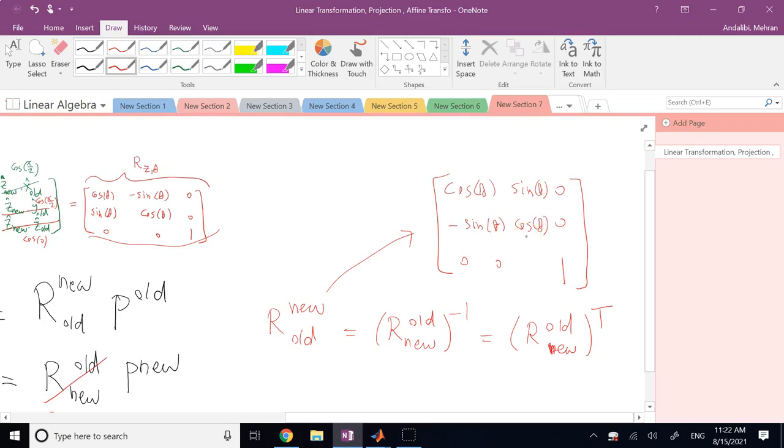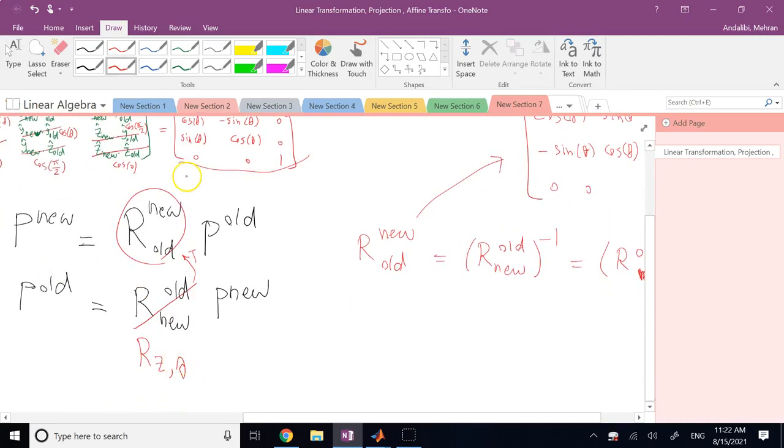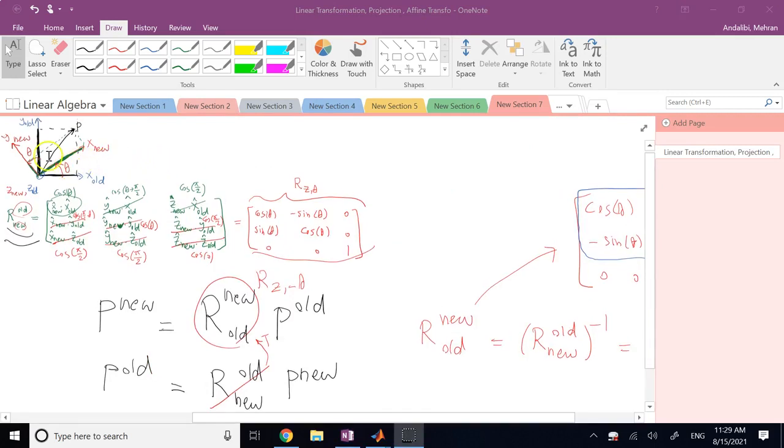Okay? So it's the transpose. If you apply a transpose, you'll get the other one. Or instead of R of z and theta, you can say this is R of z and negative theta. That's also valid. Because by a rotation z and angle theta, you go from old frame to new frame. By negative theta, you go from new frame to old frame.